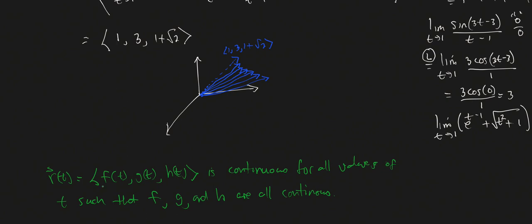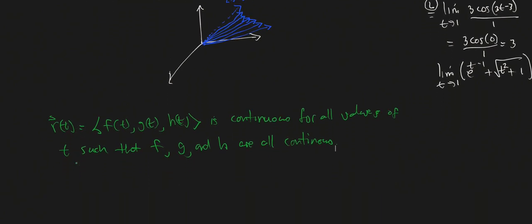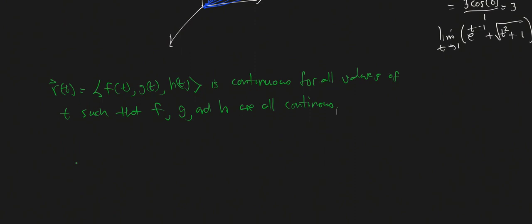In other words, if you're given a vector function and you're asked to determine its continuity, where is this vector function continuous, assuming our t could possibly represent all real numbers? For what subset of real numbers are all three components of the vector function continuous?